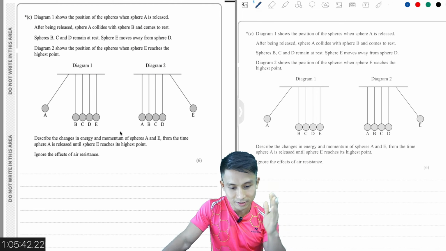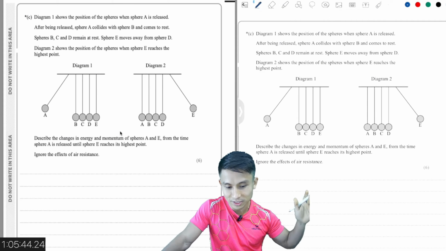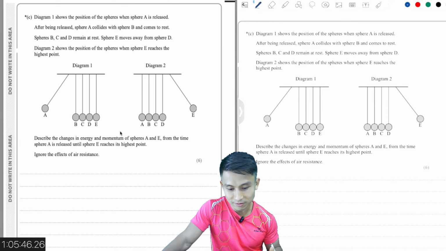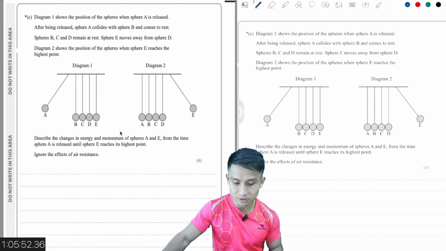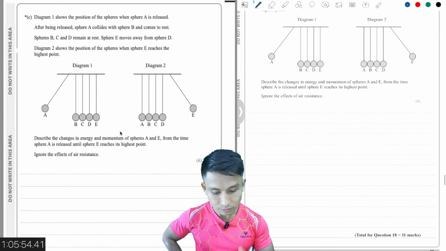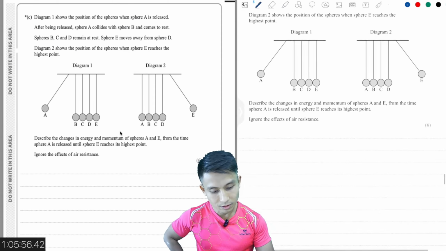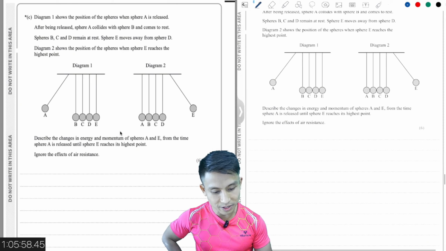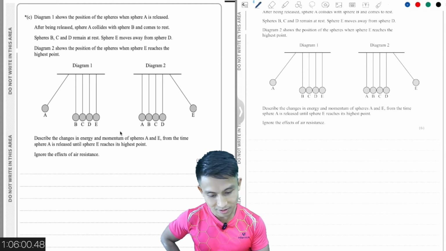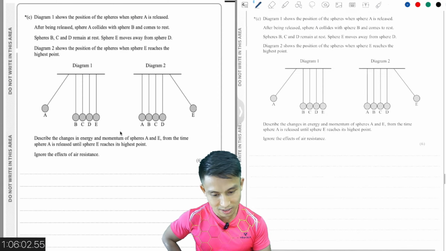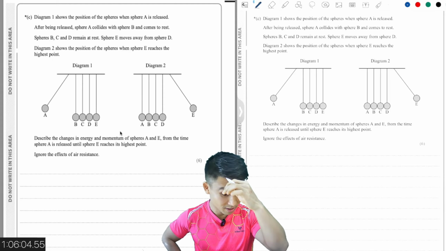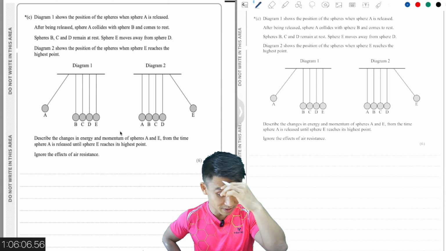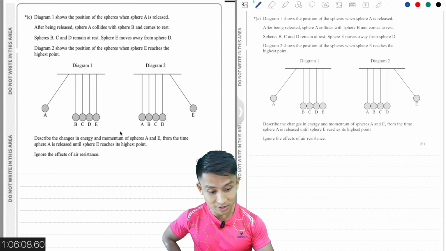Sphere E moves away from D, okay. So, energy and momentum of spheres A and E.